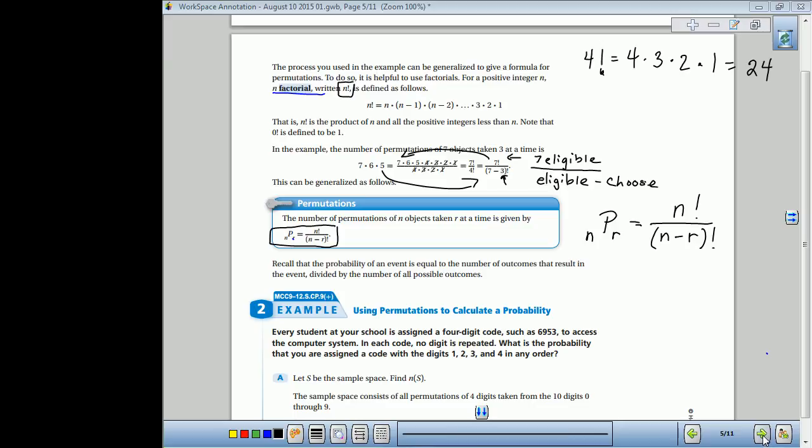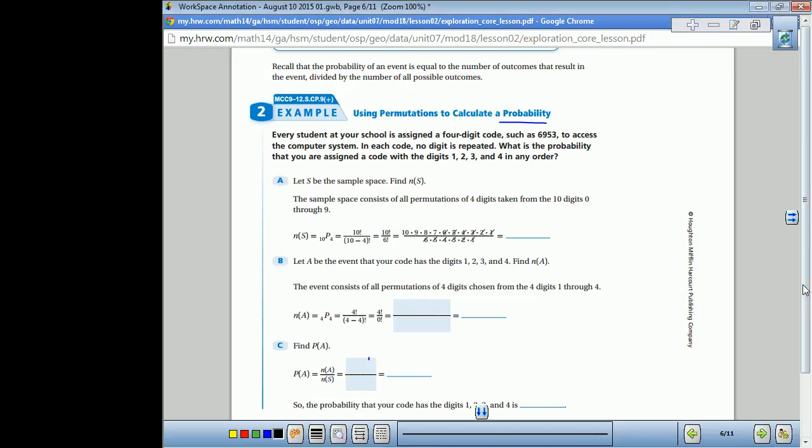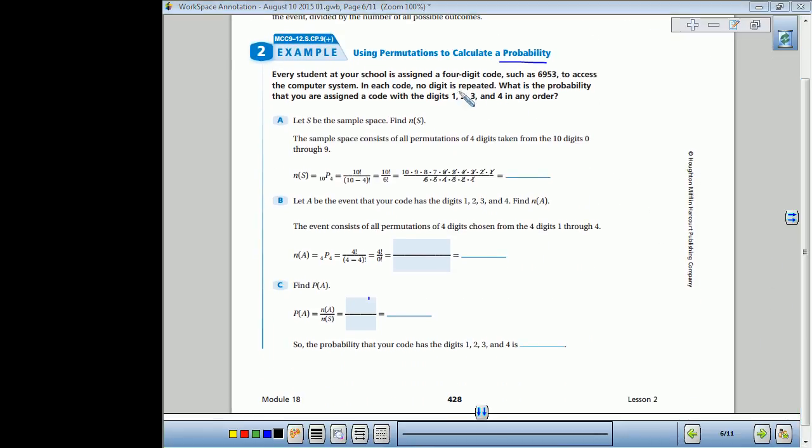Okay, so let's see how we can use this in a probability problem. In this particular problem, there's a school that assigns a 4-digit code to each student, such as 6953, to access their computer system. But in this particular case, they have a restriction where no digit is repeated. What is the probability that you are assigned a code with these digits, 1, 2, 3, 4, in any order?